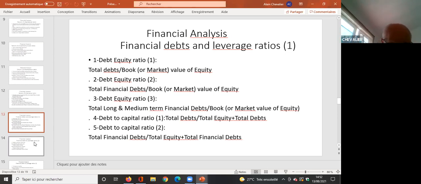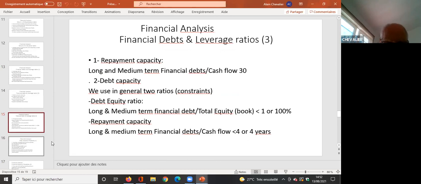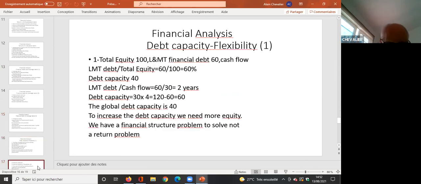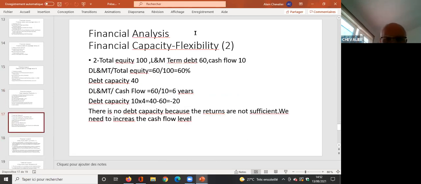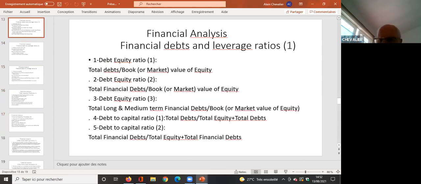It will also bring us progressively to the measure, or the proxy, of what we call debt capacity or flexibility. And flexibility has become a very essential concept in financial analysis.